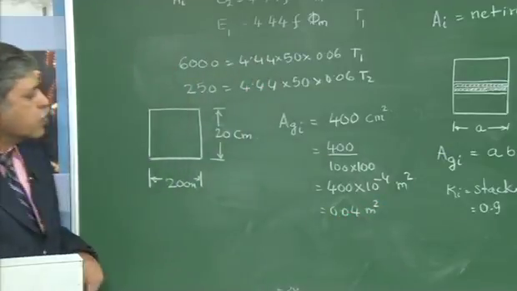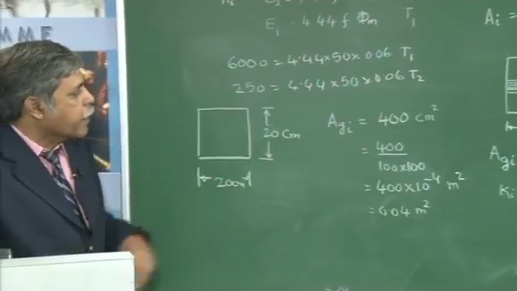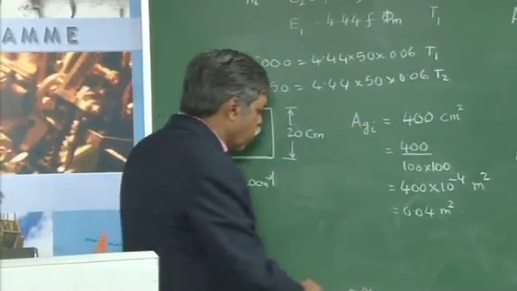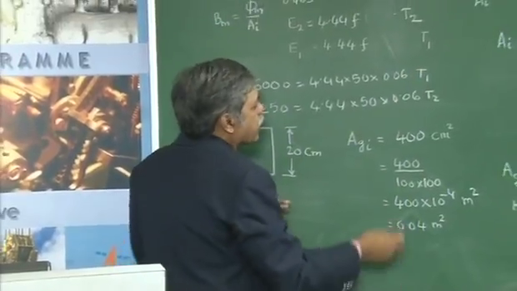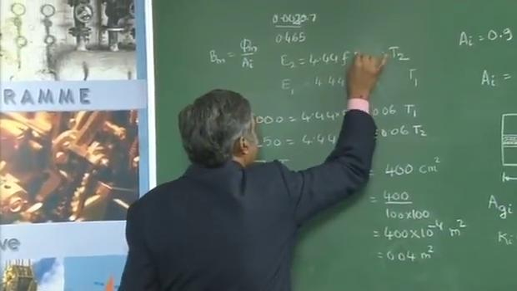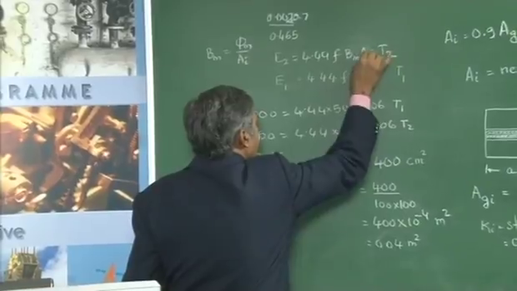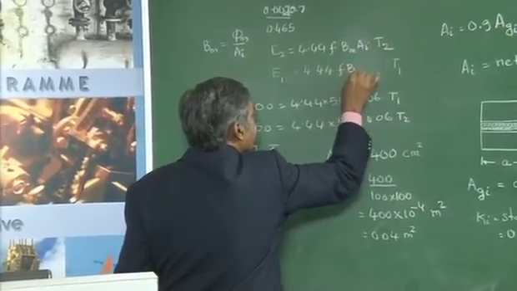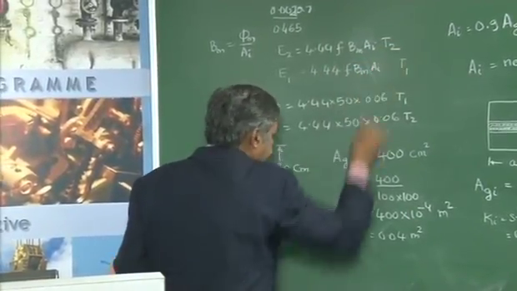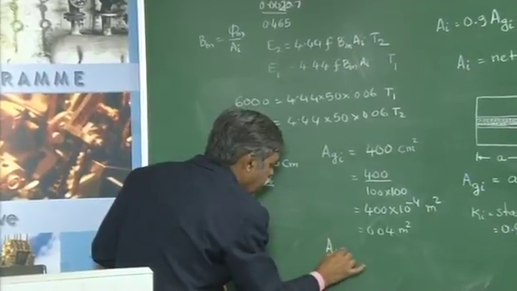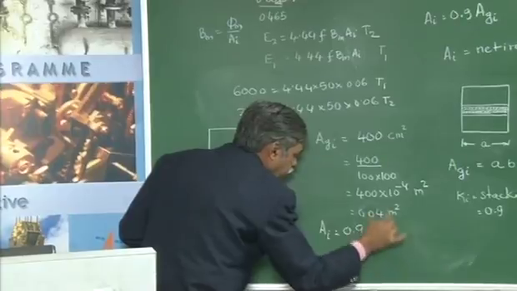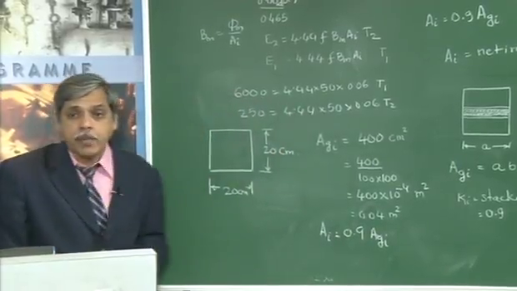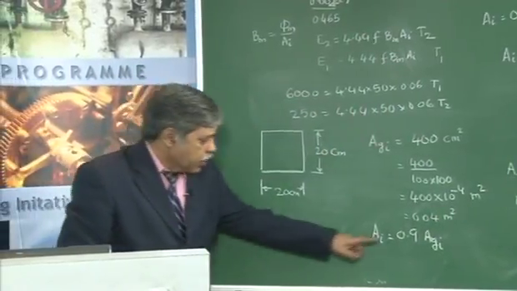So this is my gross area, but in this expression for the voltage I cannot consider the gross area because there will be an insulation layer. I need to have the net area, therefore net area is always 90% of gross area, therefore I can write it as 0.9 times Agi. This you have to remember.